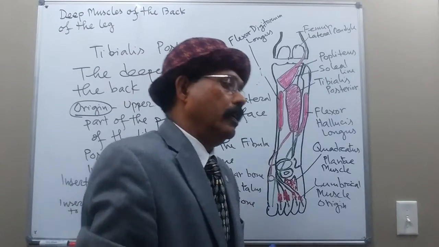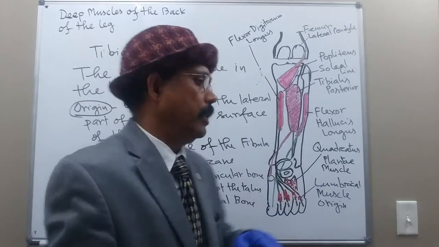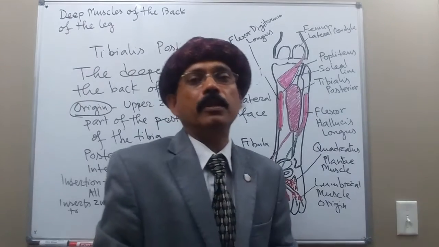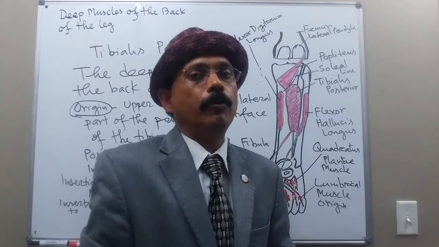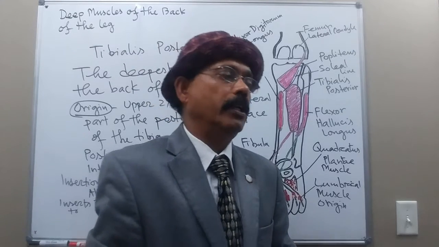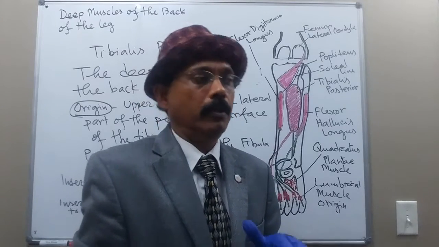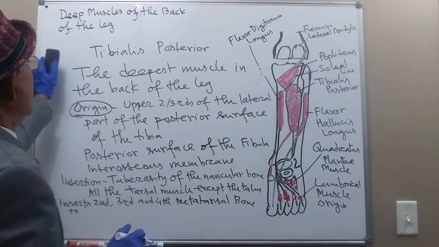Okay, it passes underneath the flexor retinaculum again, and it is related to the spring ligament. Spring ligament is the plantar talocalcaneonavicular ligament that is very essential to maintain the arches of the foot.